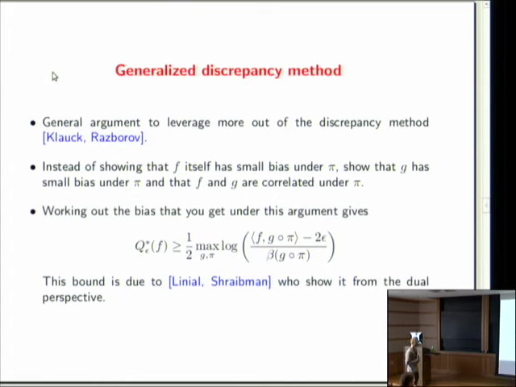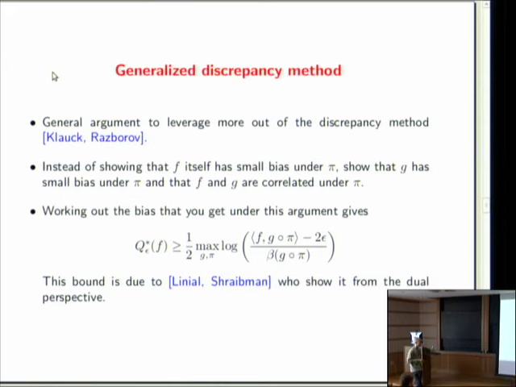Okay, so what I've outlined so far is sort of the normal discrepancy method, but you can actually use these ideas to obtain even stronger lower bounds, which is what's called the generalized discrepancy method. This is an argument that goes back to Klauck and Razborov.